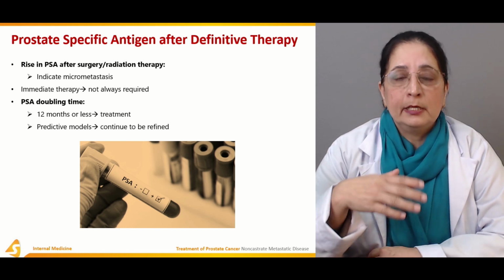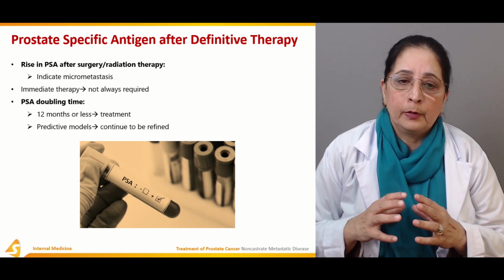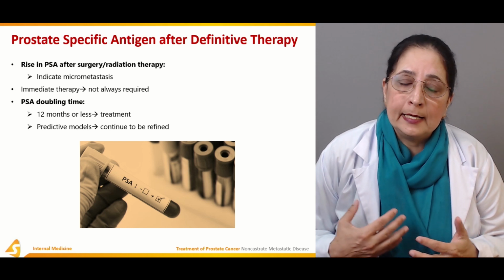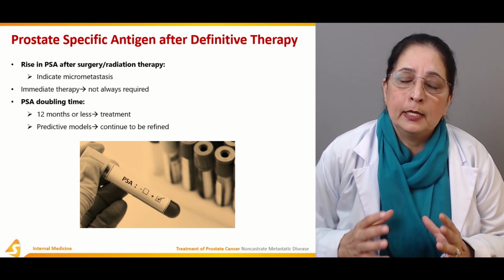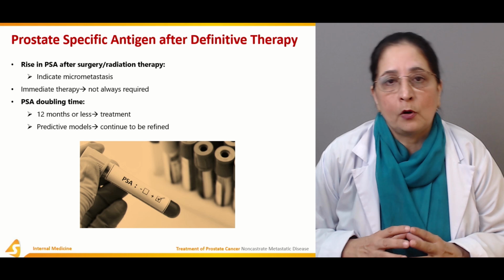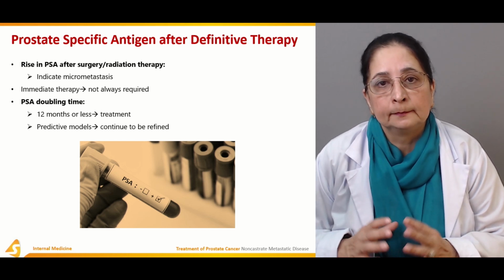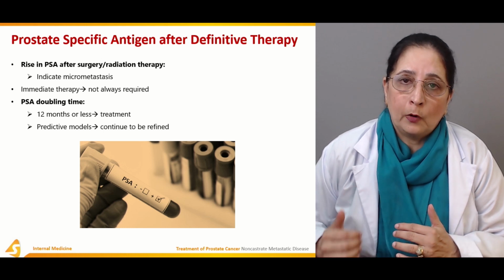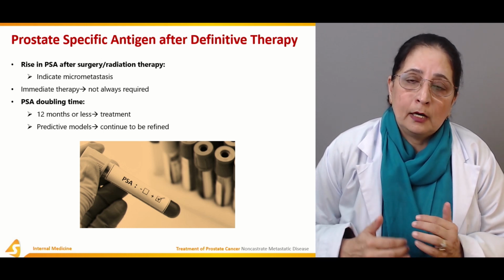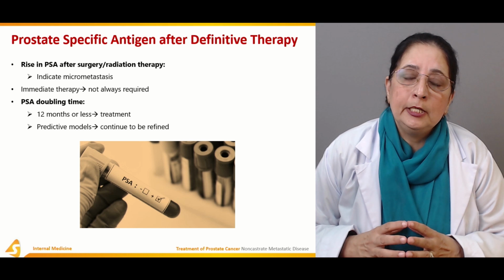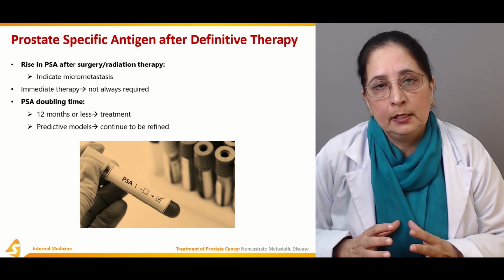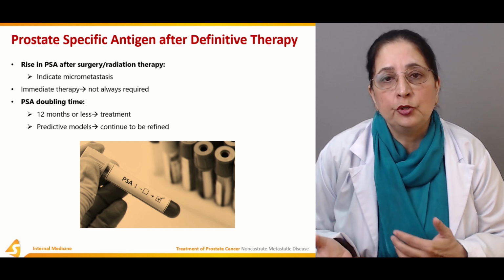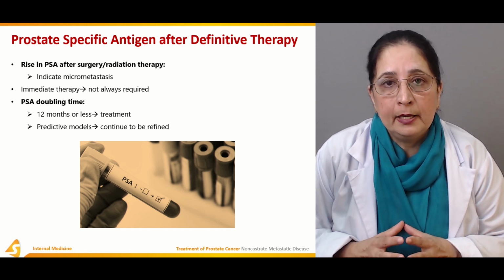Predictive models, it's important to continue to refine the studies that tell us how important the level of prostate-specific antigen after the definitive therapy is, and at what stage we need to treat the patient with a prostate specific antigen level that continues to rise after the definitive therapy.